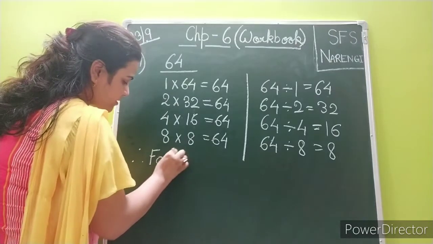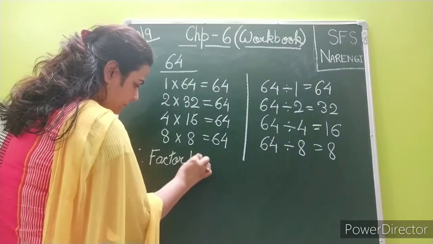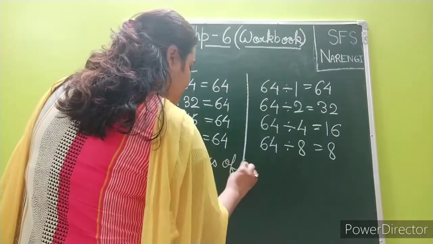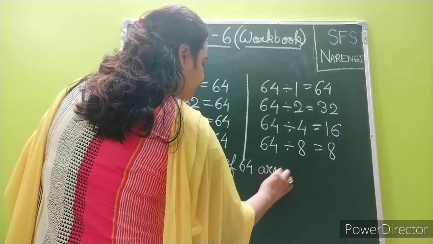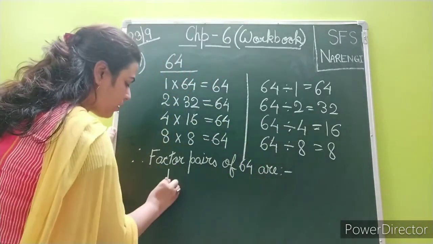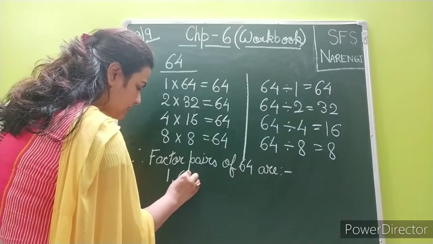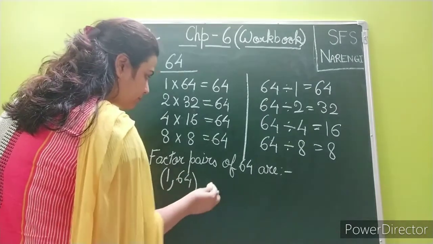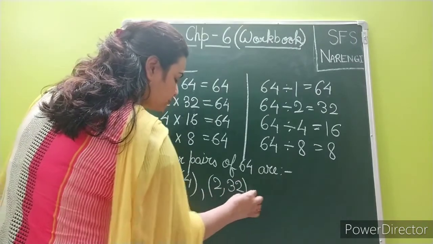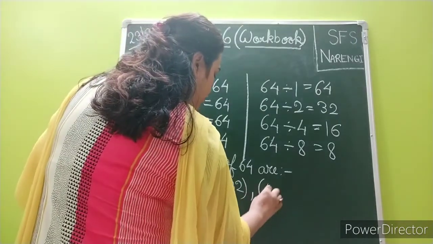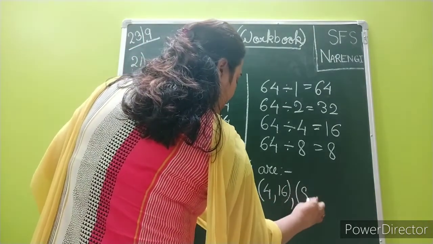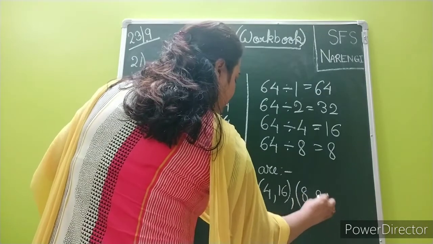Therefore, the factor pairs of 64 are 1 and 64, 2 and 32, 4 and 16, 8 and 8.